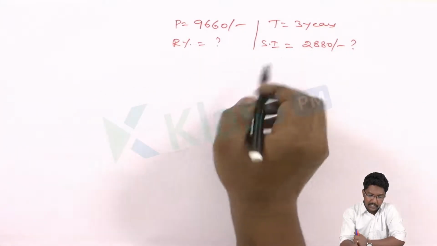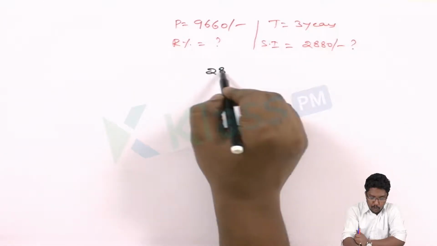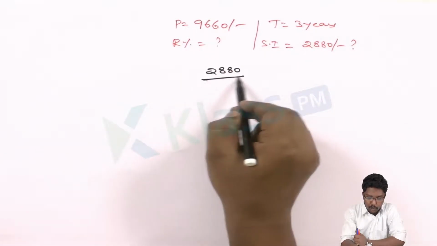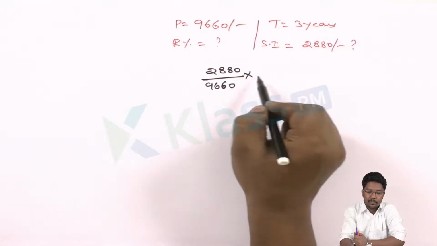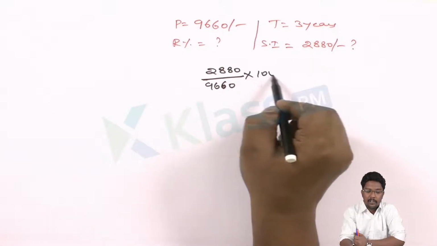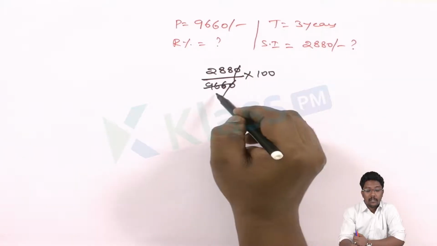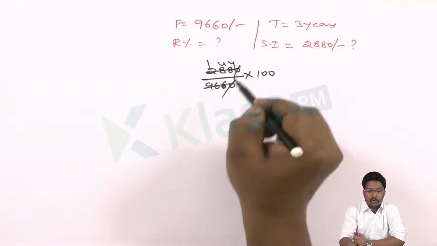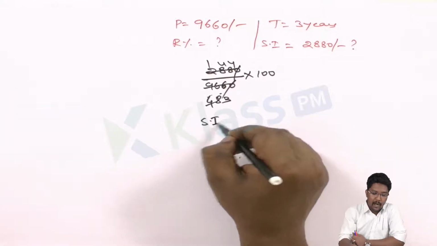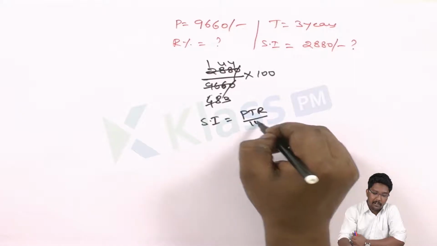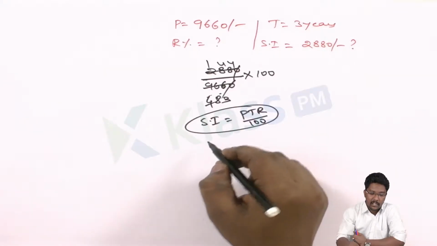Okay. For 3 years. Okay. 2880 rupees is what percentage of 9660 rupees? Okay, 100. Calculate it. Then it is 144 and it is 483. If you go by the PTR by 100 method, it is very difficult.